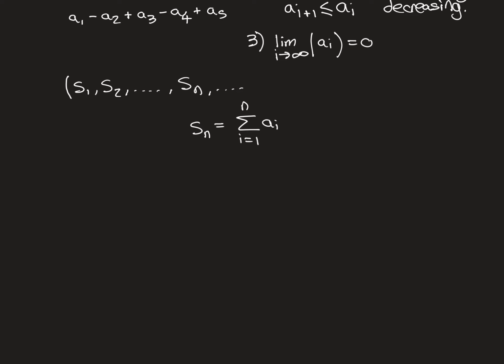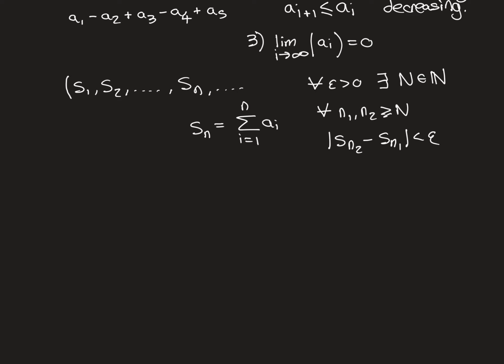The way that is captured in writing is that for all epsilon greater than 0, there must exist some big N, an element of the natural numbers, so some point in the sequence where for all points beyond there, if you pick two terms of the sequence beyond there, so two little n1 and little n2 that are greater than big N, the difference between those terms of the sequence, Sn2 minus Sn1, is going to be less than epsilon.